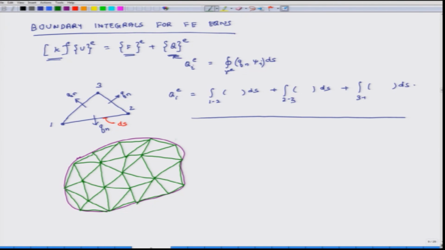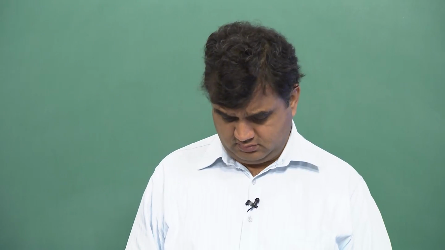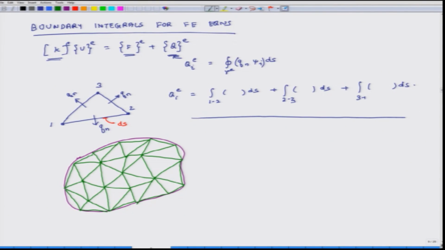This is the physical domain, which is the purple boundary, the actual domain. I have discretized this domain into a large number of elements. Now, we will consider two elements. This is element 1 and this is element 2.